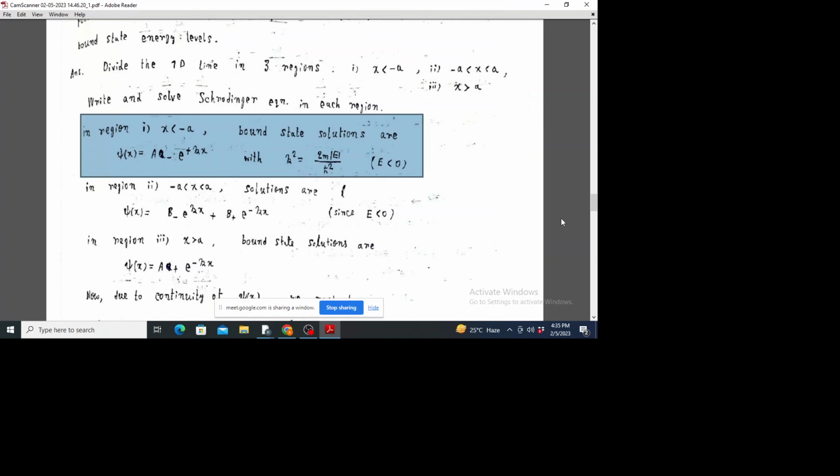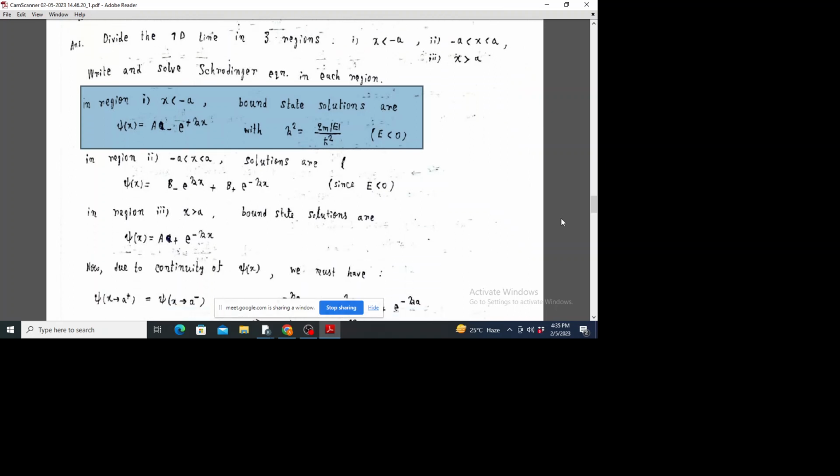So consider the first region, x less than minus a. Again, using the standard argument that we have discussed earlier, the bound state can take e less than 0 values, due to the global minima condition and the asymptotics of the potential condition.